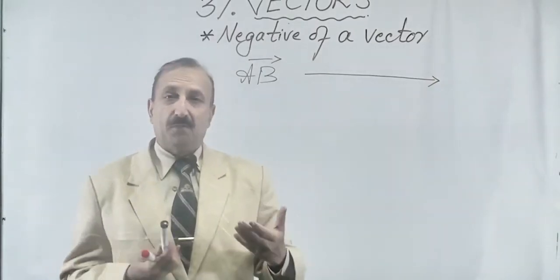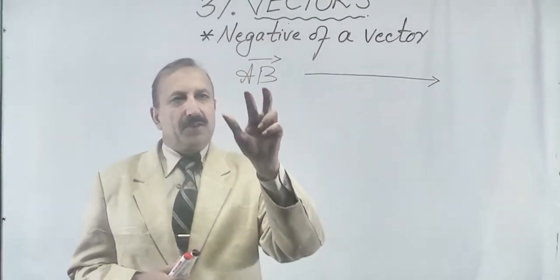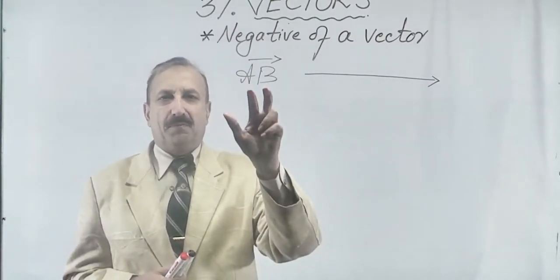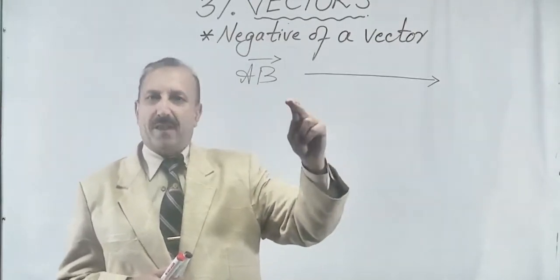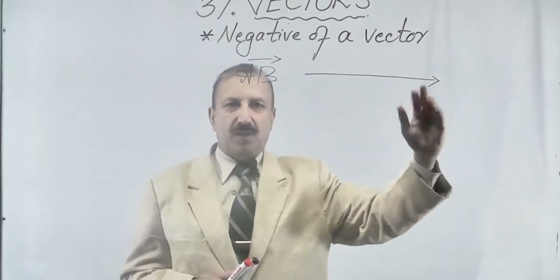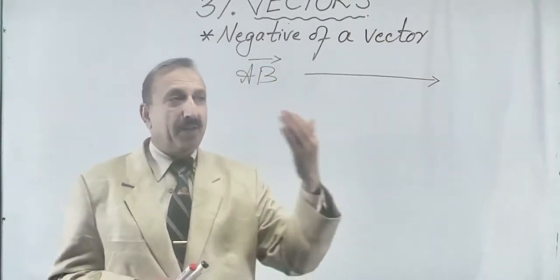When we say negative of a vector, it means the reverse of this vector, in the opposite direction. If its direction is towards the right, its direction would be towards the left, depending on the situation.